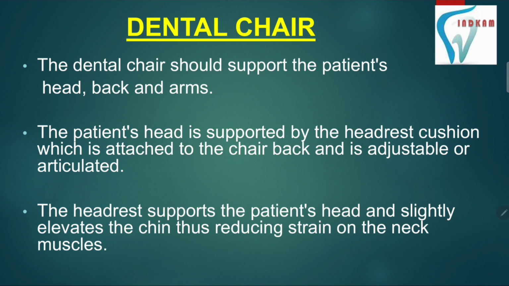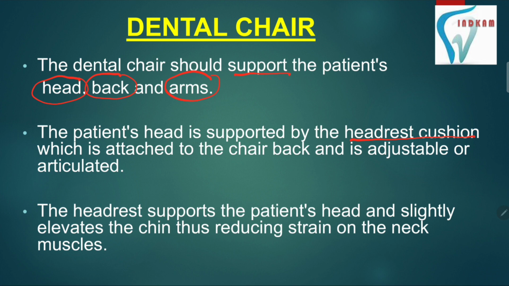The very important and the first thing in a dental chair is that it should support the patient's head, back and arms. Modern dental chairs are contoured to provide total body support and comfort for the patient in any chair position. The patient's head is supported by a headrest cushion, which is attached to the chair back and is adjustable or articulated.